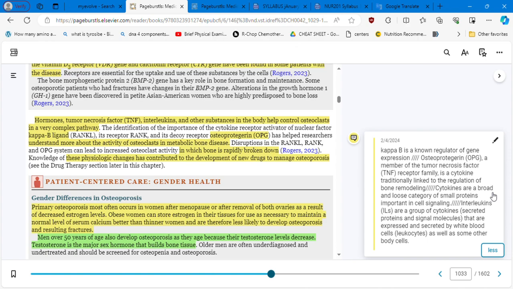So when we mention cytokine, you immediately think about cell signaling. And interleukins are a group of cytokines, secreted proteins and signal molecules. Also interleukins are giving signals, but they are expressed and secreted by white blood cells, leukocytes, as well as some other body cells.